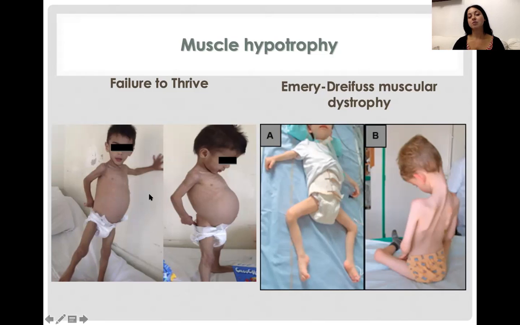And this state may be associated, for example, with celiac disease, a disorder of the digestive system, yeah, and Emery-Dreifuss muscular dystrophy, like on a picture, when the child has not just hypotrophy but hypotonus of muscles, and the hypotonus is so big that for this child it is difficult to maintain his head in the right position.